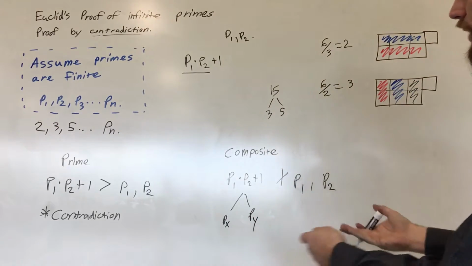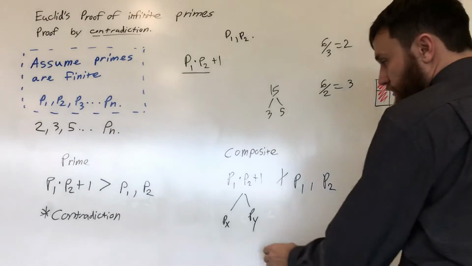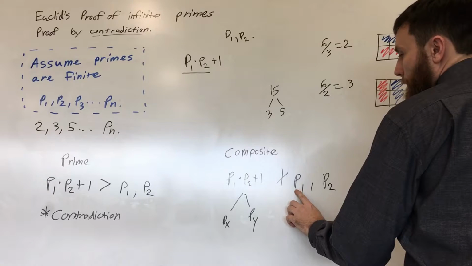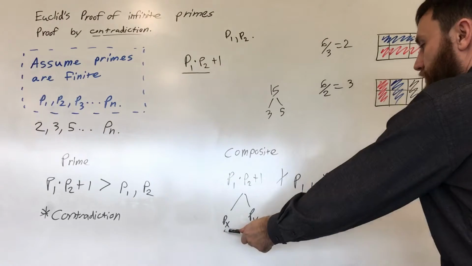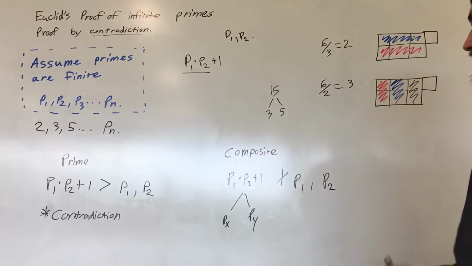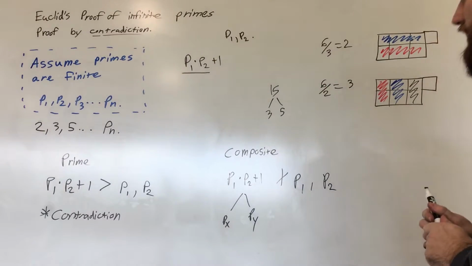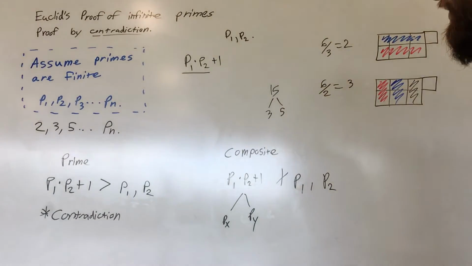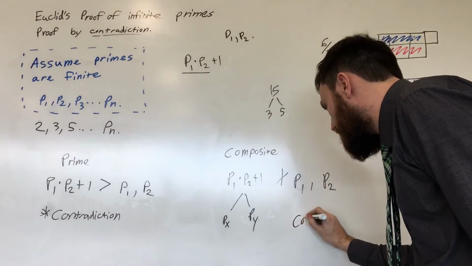So let's just say Py and Px divide it. Well, we know that P1 does not divide it and P2 does not divide it, but if Px and Py divide it, those are two extra primes in our list that need to be added to this list. So this is not a complete list, contradiction.